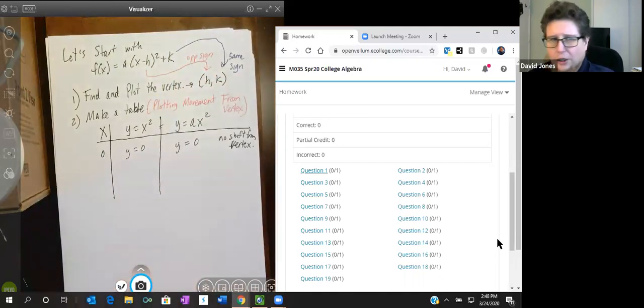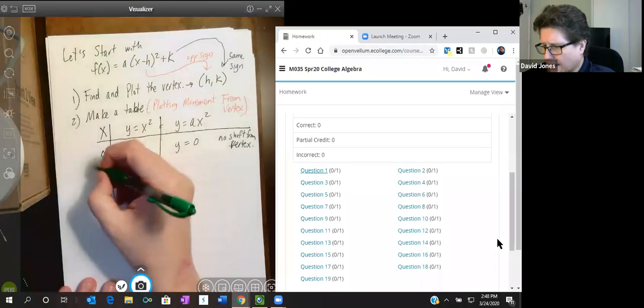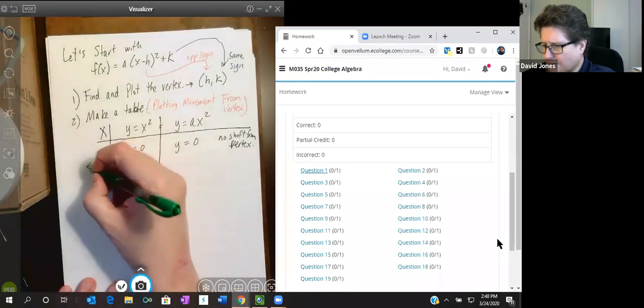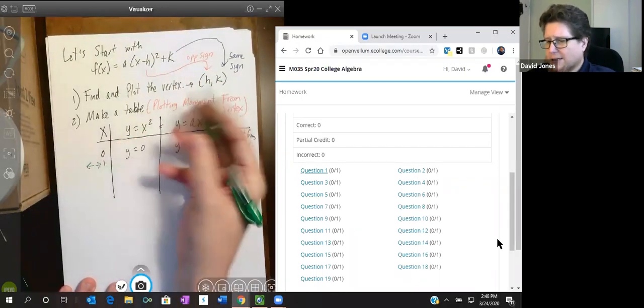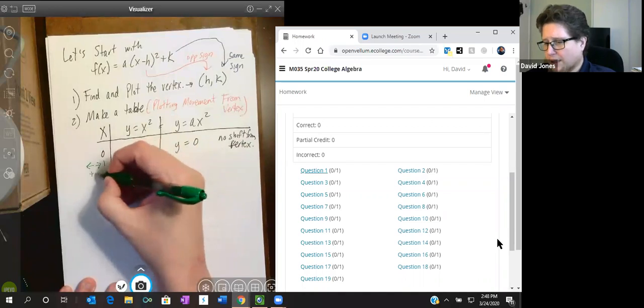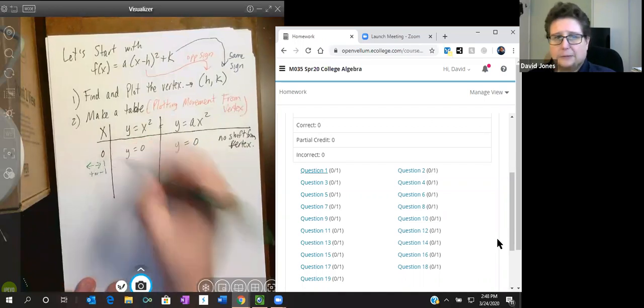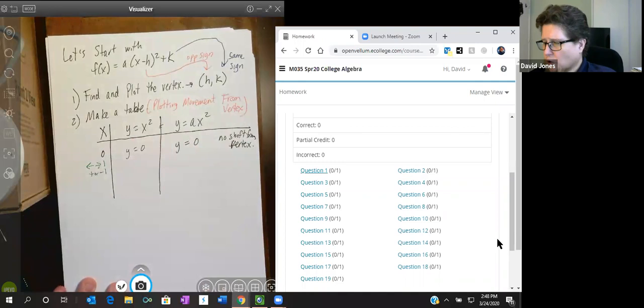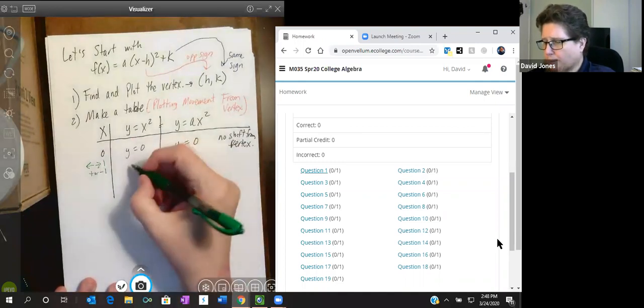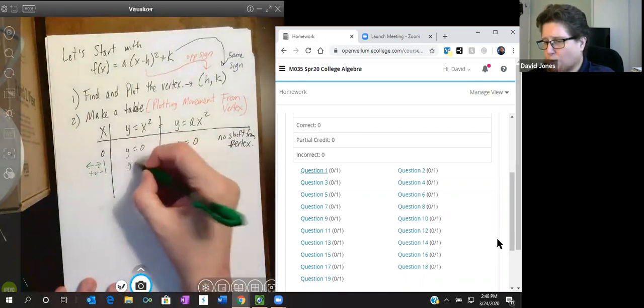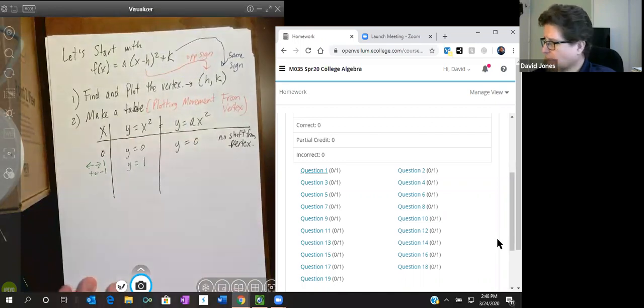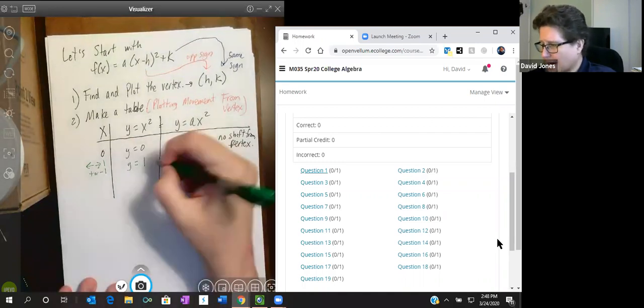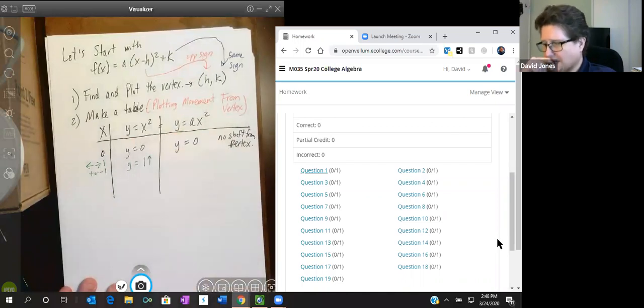Next, I'm going to take a look at going left or right one. Left one or right one is the same thing as plus or minus 1. When I square positive or negative 1, I have 1, which means up 1.